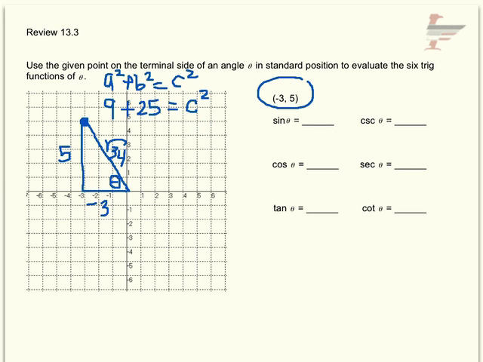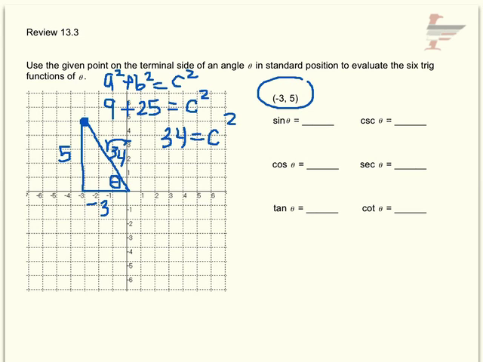Let me just scooch that over here so it doesn't get in my way. And there are no perfect squares in 34, but you should check that, and I certainly think you would.